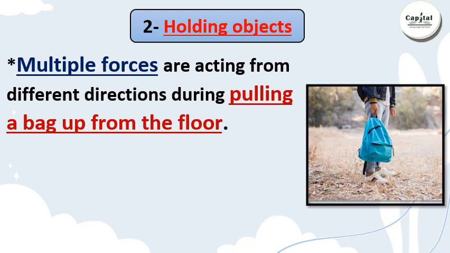And now we can say on this bag we have two forces: gravity force down and hand force up. Multiple forces, two forces, pulling a bag up from the floor. During pulling a bag up from the floor, gravity force pulls the bag downward, and the force of your hand pulls the bag up.